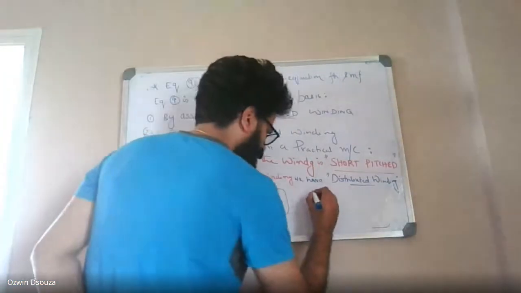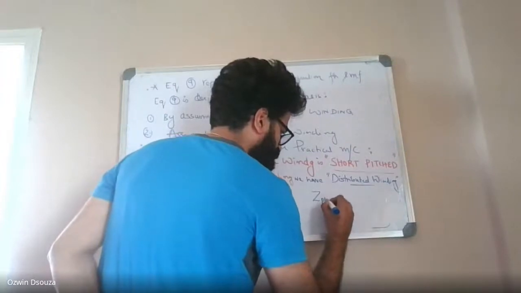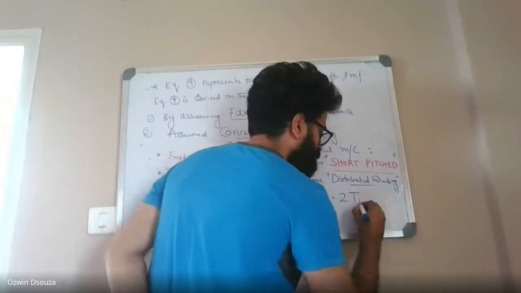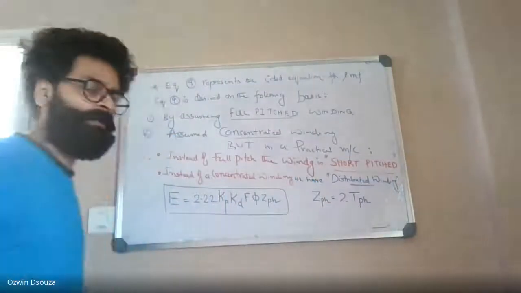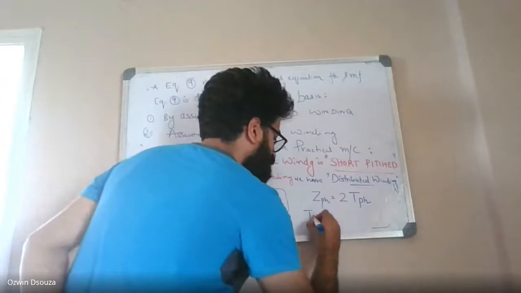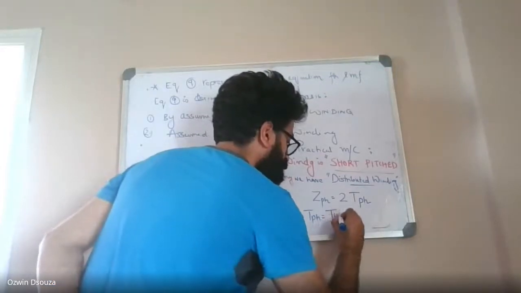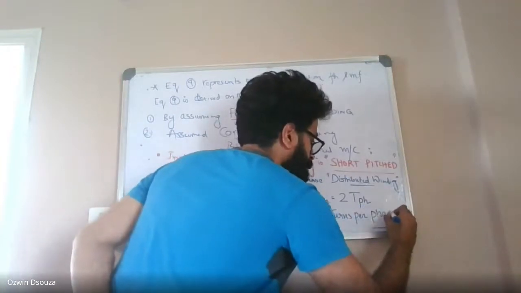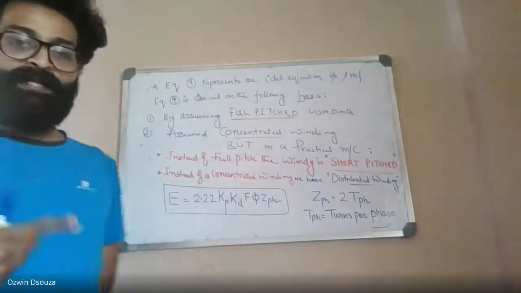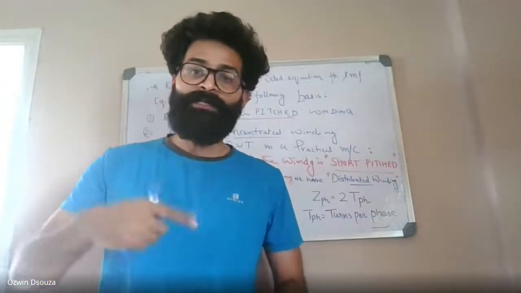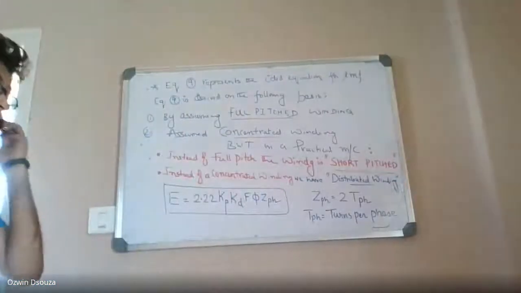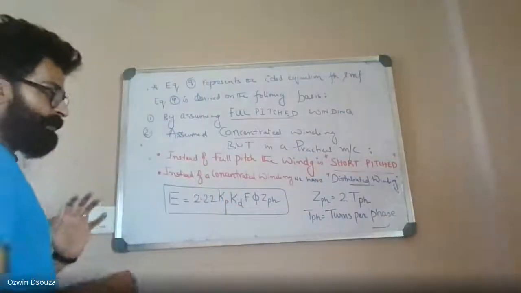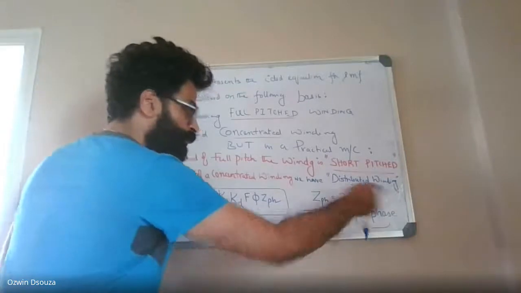We also have a relationship: Z phase is 2 times T phase, where T phase is the turns per phase. Twenty turns, forty turns, the winding turns. So a conductor is made up of 2 turns, so Z phase equals 2 T phase.